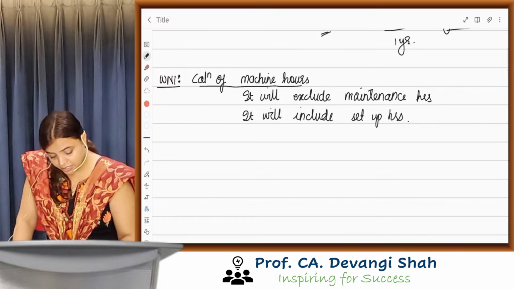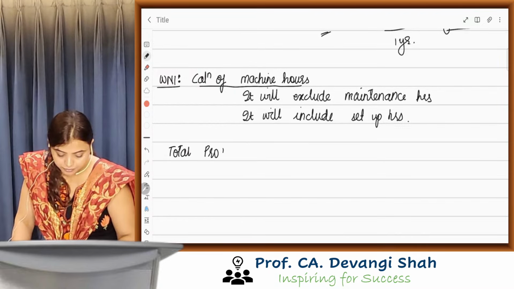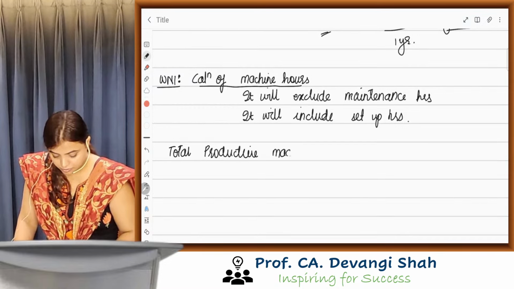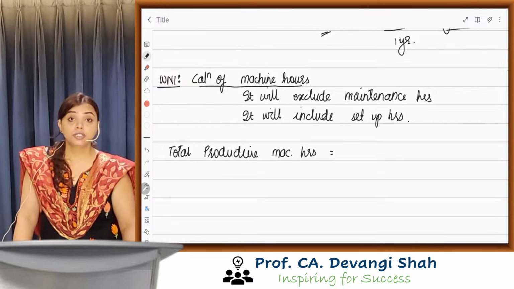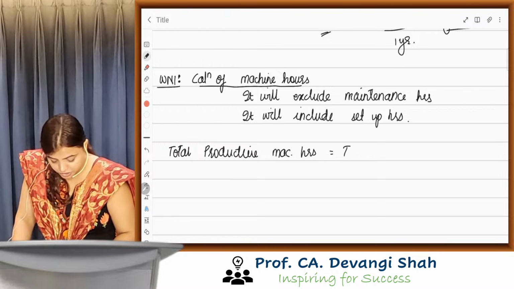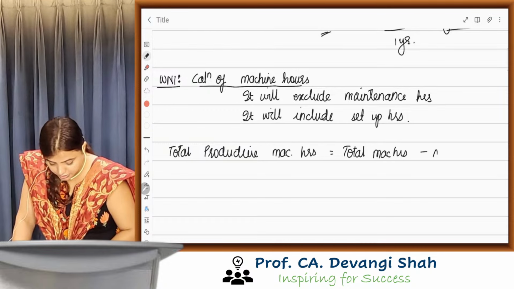So let's calculate the total productive machine hours, which is the total machine hours given minus maintenance hours.